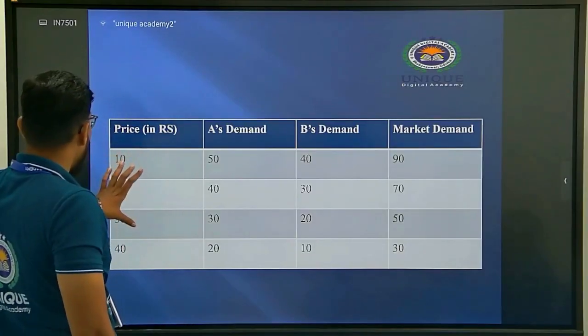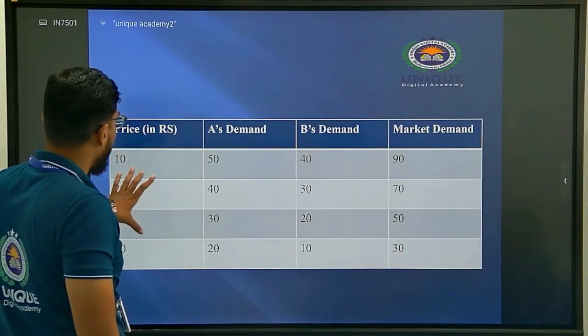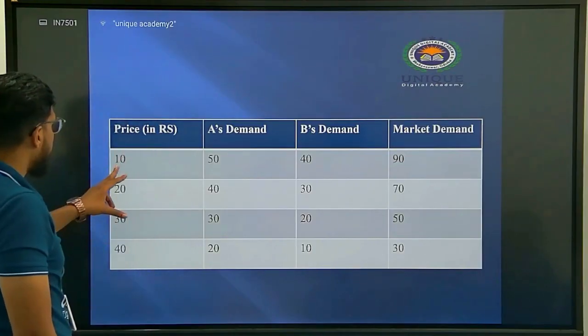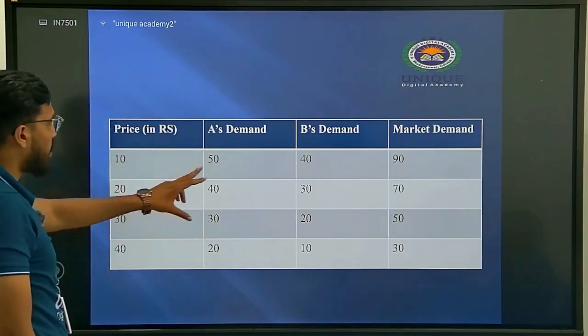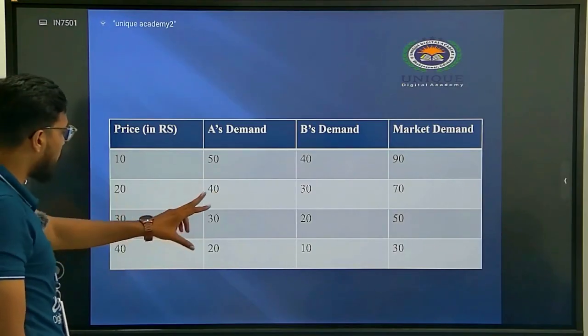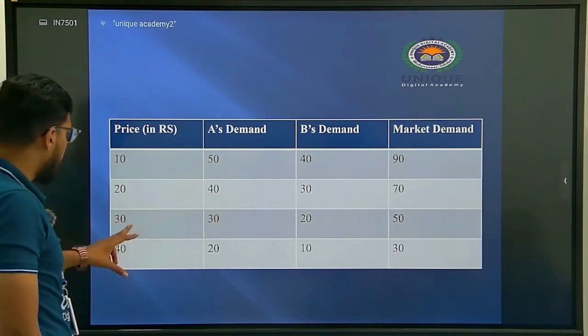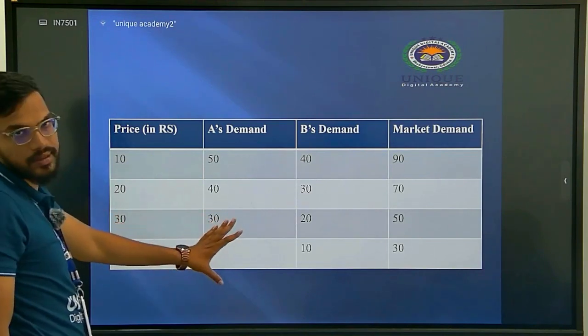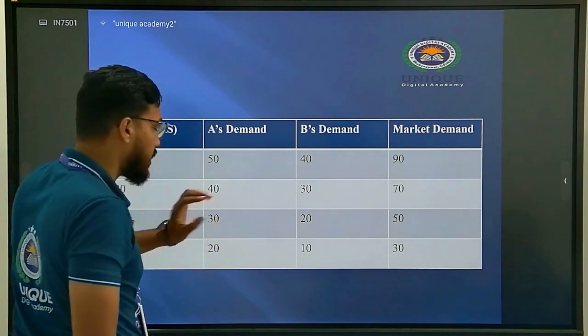When the price of commodity X is rupees 10, say demand is 50. Price increases from 10 to 20, demand declines from 50 to 40. Again it increases from 20 to 30, that declines from 40 to 30, then price increases from 30 to 40 and that declines demand from 30 to 20.